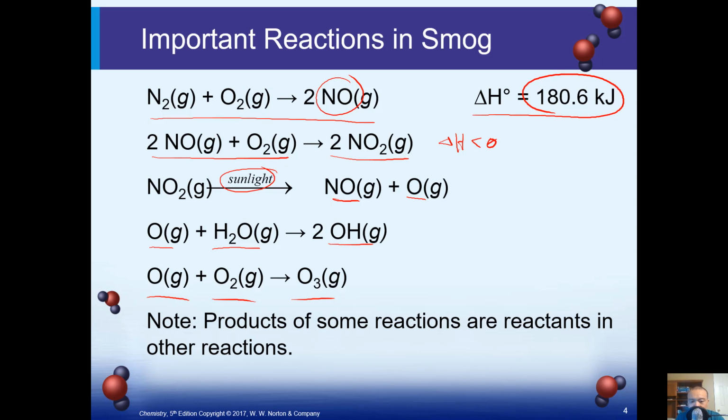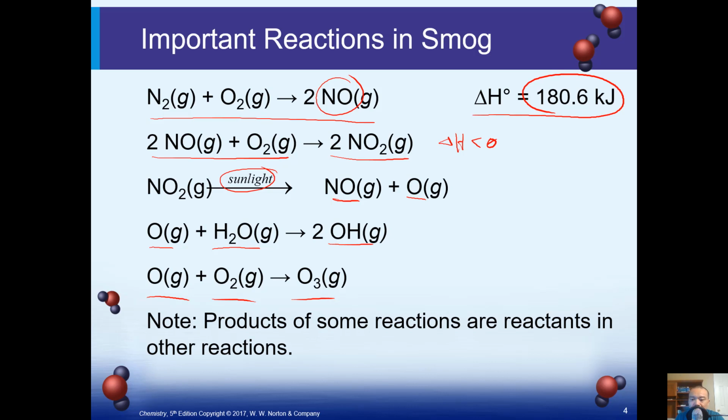The OH radicals are highly reactive species that can react with volatile organic compounds to form other substances such as peroxyacetyl nitrate.